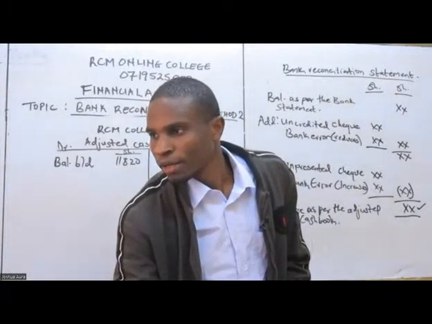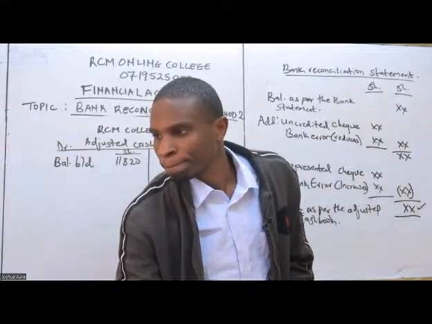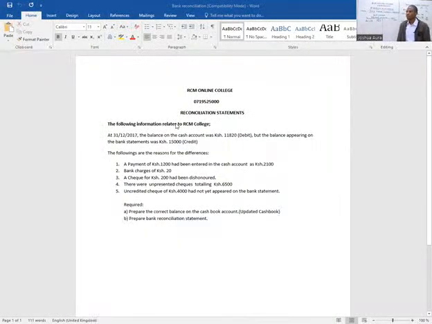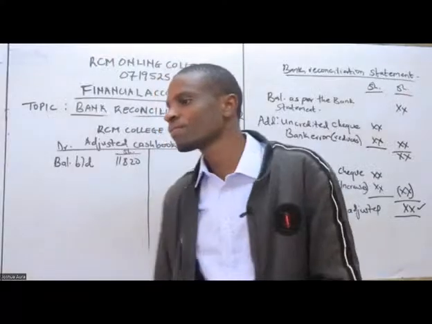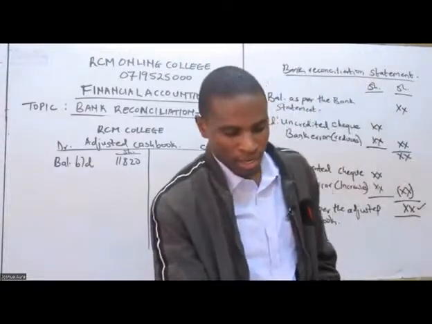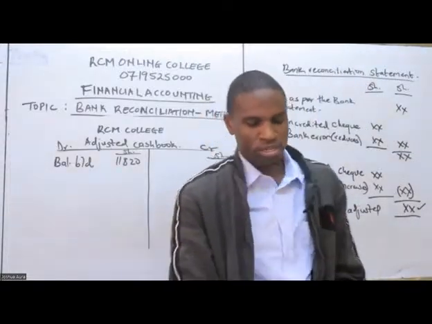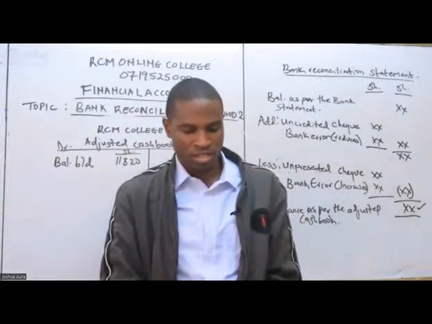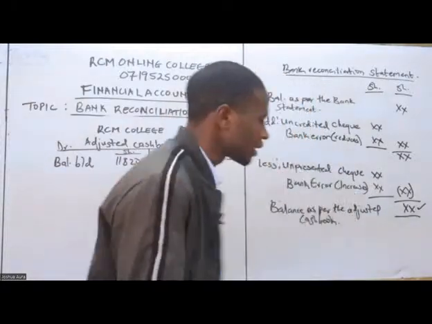Then next we are told that a payment of 1,200 had been entered in the cash account as 2,100. I can see there's an error of transposition. Therefore, we get the difference, that is 2,100 minus 1,200, which gives me 900.